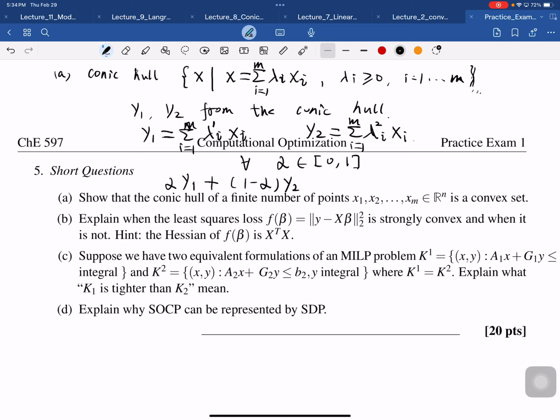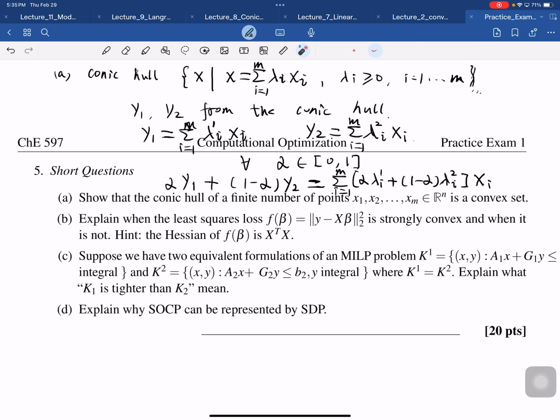So what is any convex combination of y1 and y2? That will be the sum of alpha times lambda 1i plus 1 minus alpha times lambda 2i, times xi. So a convex combination of any two arbitrary points in the conic hull can be represented in this particular form.